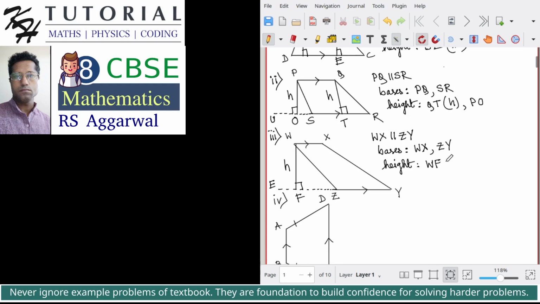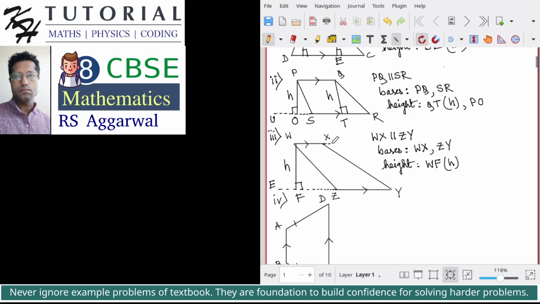The height can be drawn in some other ways also. Like I can draw a perpendicular from X to the extended ZY. I can draw a perpendicular from Z on the extended WX, and I can draw a perpendicular from Y on the extended WX. For example, let's say I drop a perpendicular from the vertex Z on the extended side WX.